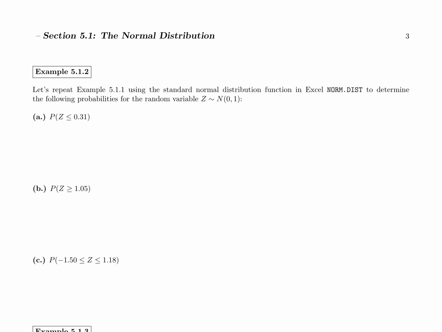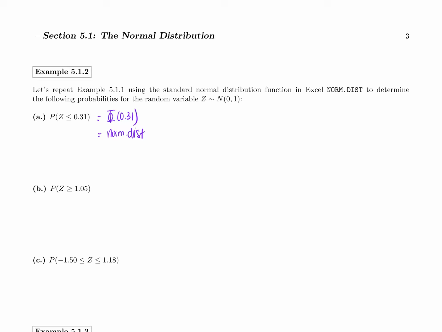I'm going to do the standard normal distribution function in Excel using norm.dist to determine the following probabilities. So to find where z is less than or equal to 0.31, that's big phi of 0.31, which we can find with norm.dist. We have to figure out what goes inside of the parentheses.